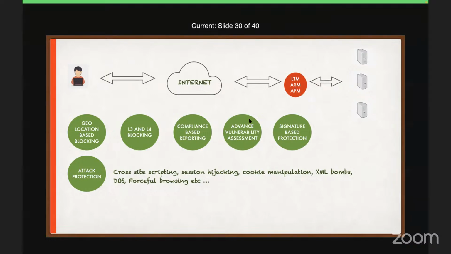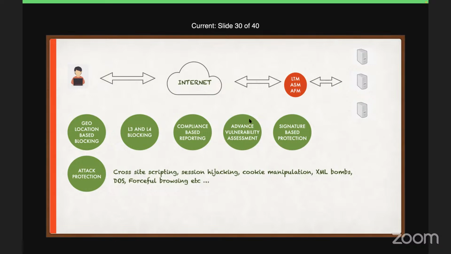So you can think of ASM as an IPS or IDS, but only for web traffic. Only for web-based traffic, not for SMTP, not for FTP, not for SSH. Okay, sir. Got it.